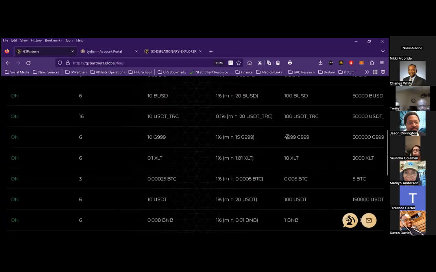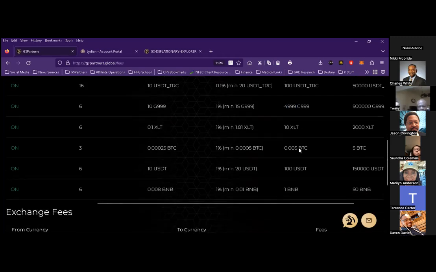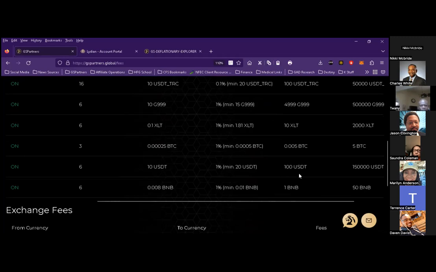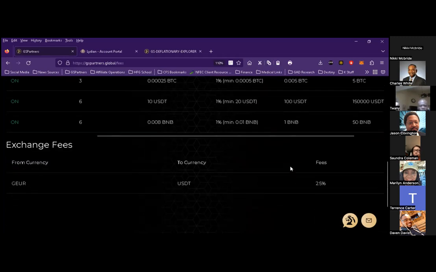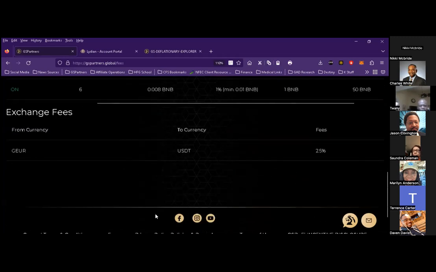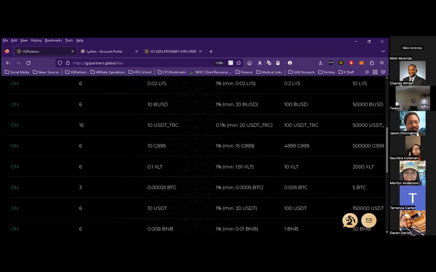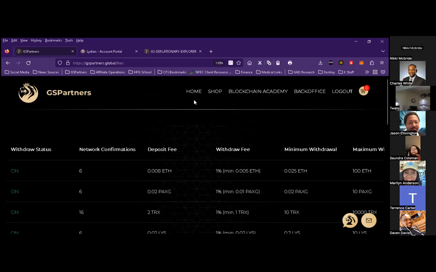On G999, you need 4,999 to move it off the platform. And yeah, that's pretty much it for that part. And there is an exchange fee to exchange G Euro for USD, and we'll talk about that during the finance section. Okay, so let's go back to the back office.